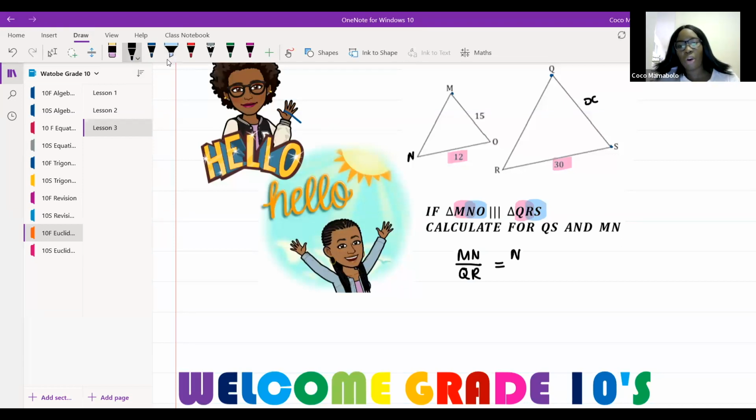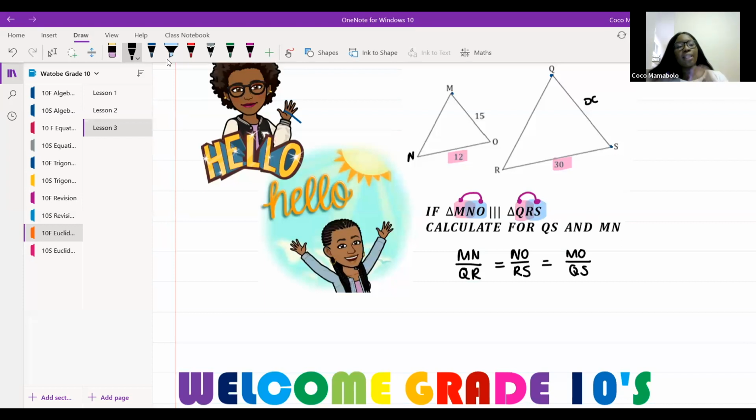I can go NO over RS. My last step will be to take MO, the first and the last. That's going to equal to MO over, and then we're going to do the same thing in the big triangle, QS. So MO over QS.